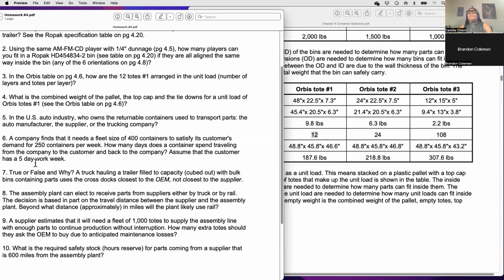So if they didn't move them anywhere and just kept them in the plant, they would be using 250 containers per week. So if they're using 250 containers per week, why 400? Why did they buy more? That tells you that it takes time to build the parts.